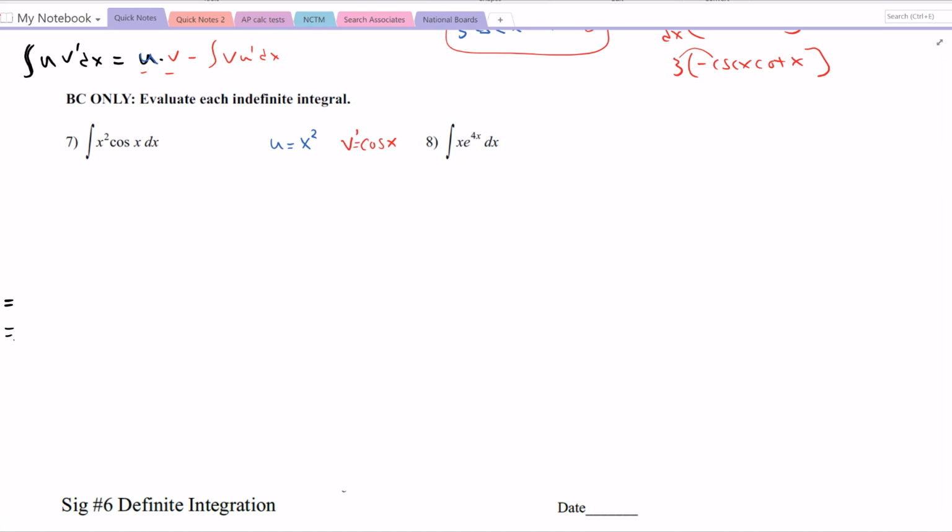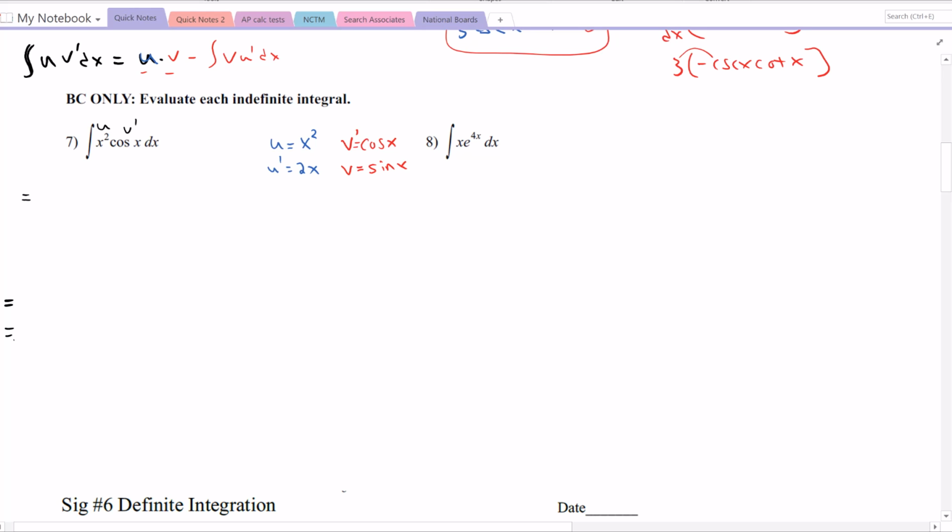Okay, we're going to take the derivative of u, right? We're going to find du, or u prime, in this case 2x. And we're going to integrate v prime, right? So if I integrate v prime, I get sine x. And then we put it in this formula, right? So this is u v prime.